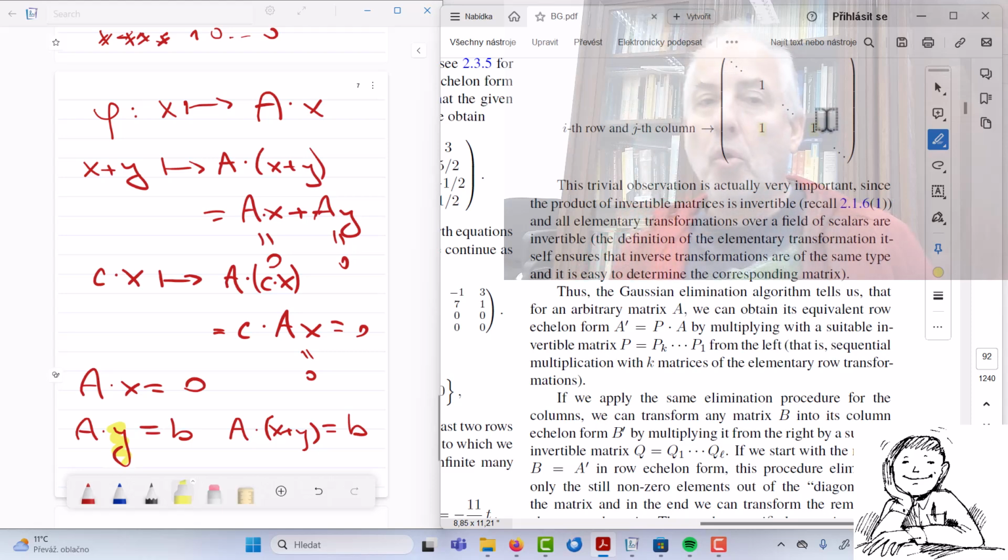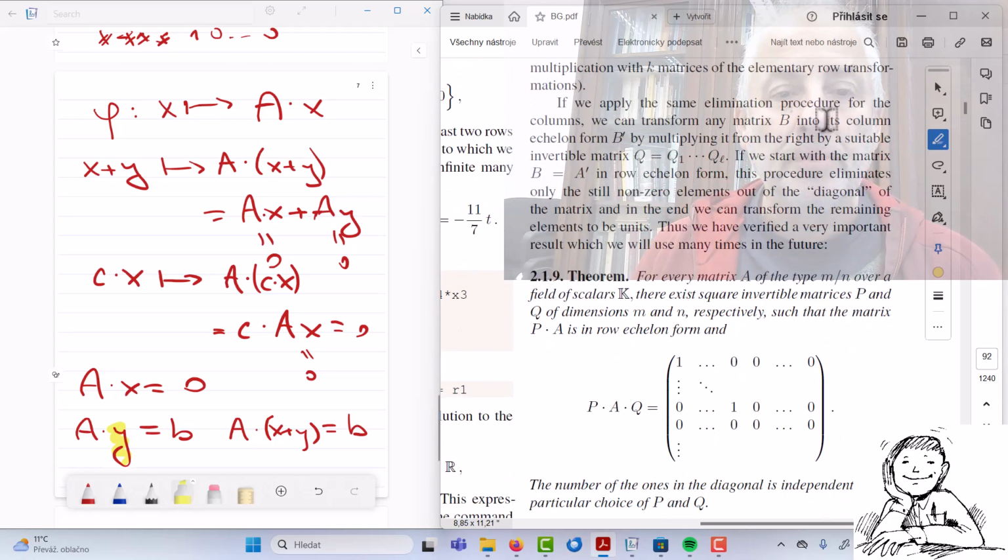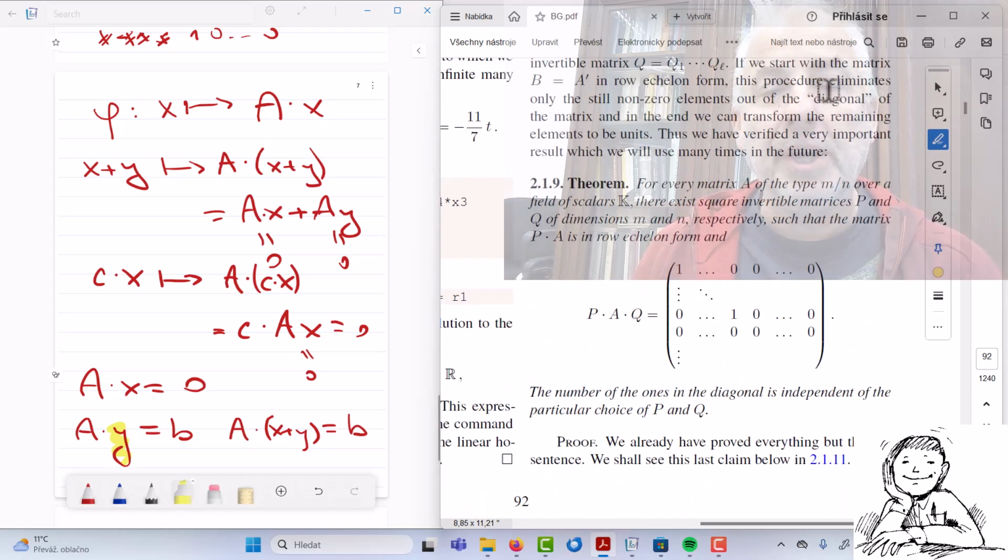So you see all the elementary transformations can be done this way. And we can do exactly the same with the columns, right? So if we make the same elementary transformation but column wise instead of row wise, we get again the same.